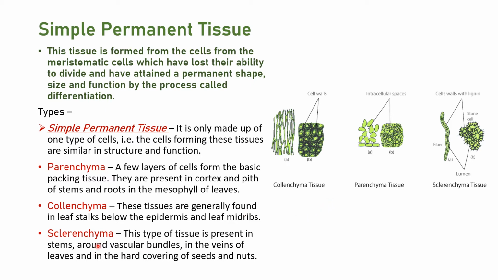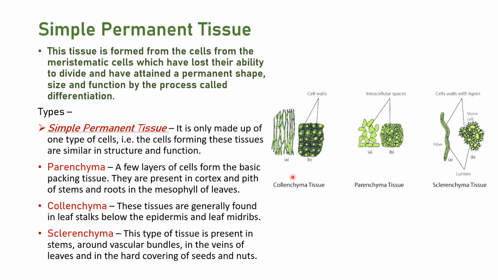Then comes sclerenchyma. This is a type of tissue present in the stem around the vascular bundles. Now what are vascular bundles? These are xylem and phloem, right? Around the xylem and phloem, because xylem and phloem go through the stem. Xylem from the roots goes to the upper part of the plant, and phloem from the leaves goes down, and it moves laterally also.